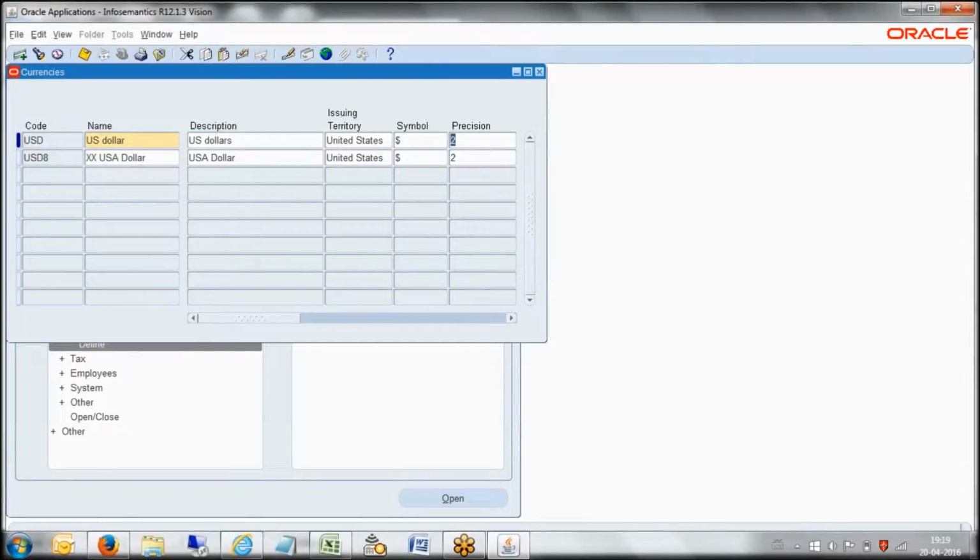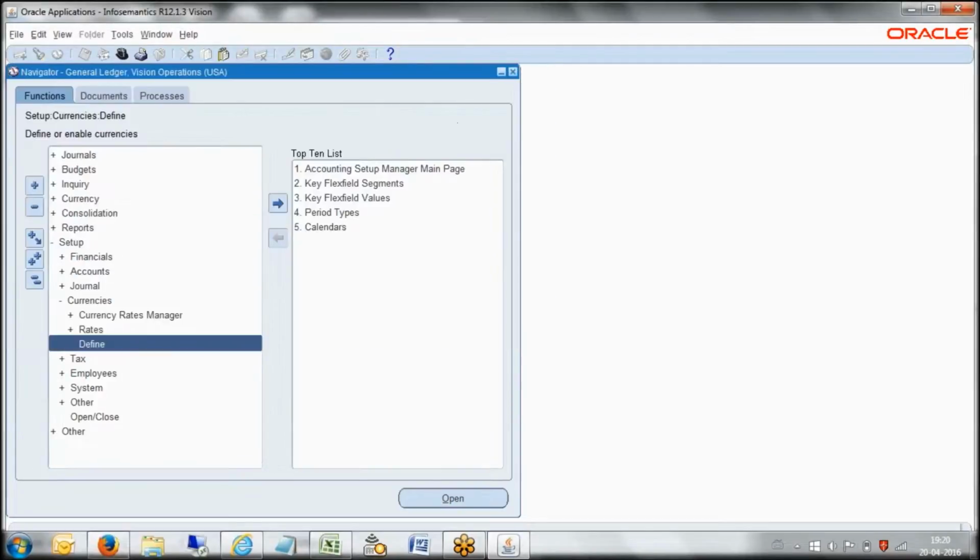Starting from next month onwards, I want to make it 3, but still that's at the risk of whoever is doing it. And this precision is valid for all subledgers. So you can enable any number of currencies at a time. This is how you enable it.